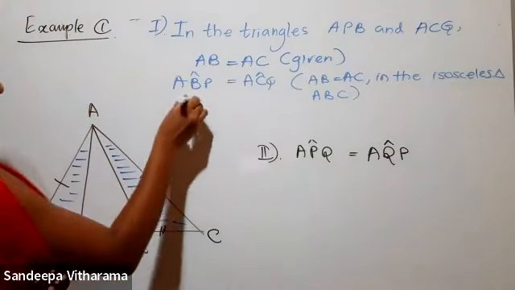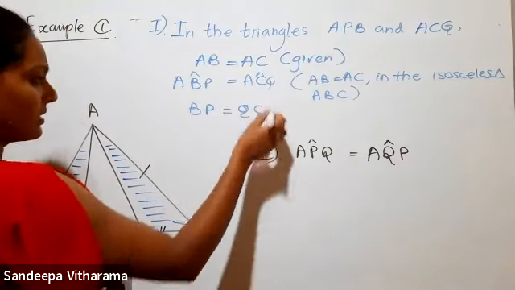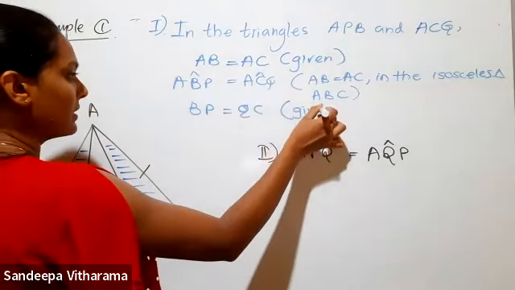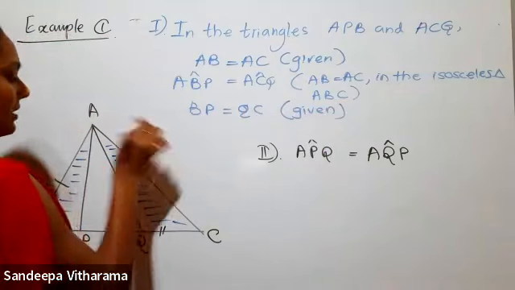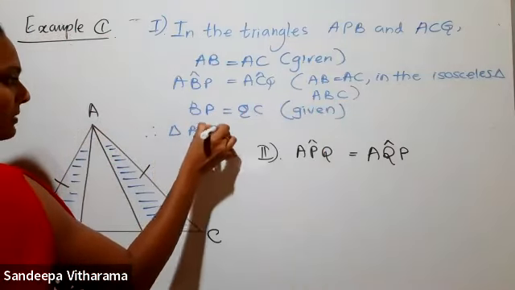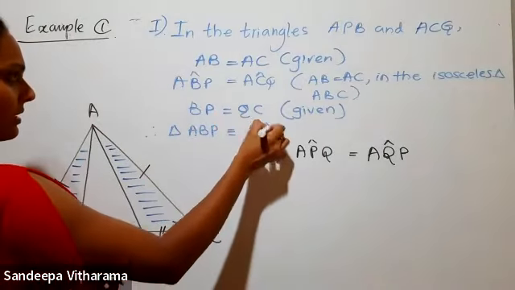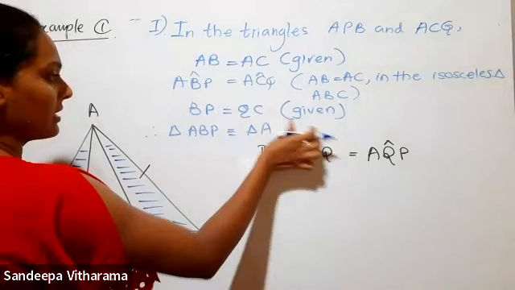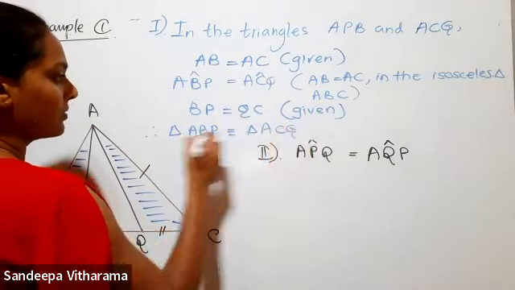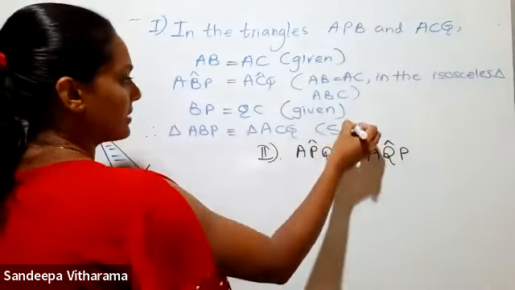And it is given that BP equals QC. It is also given. Therefore, triangle ABP is congruent to triangle ACQ under the case of SAS.